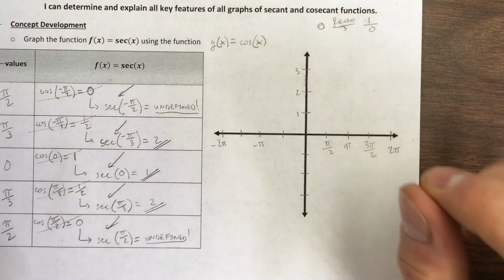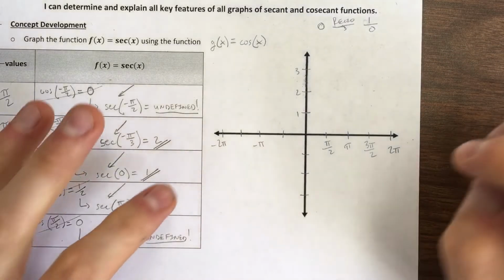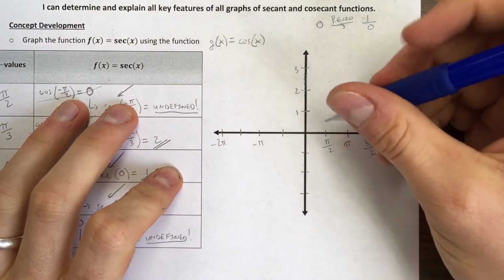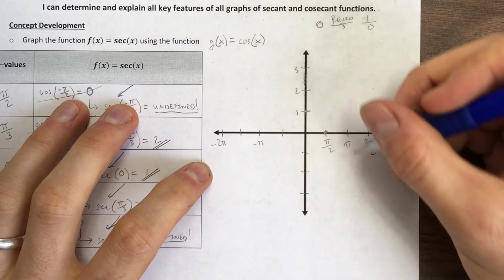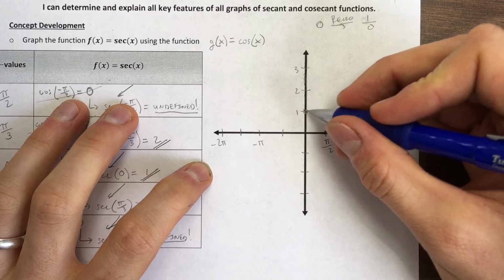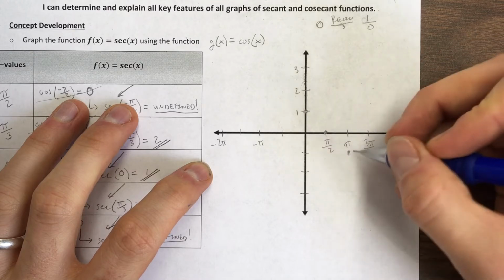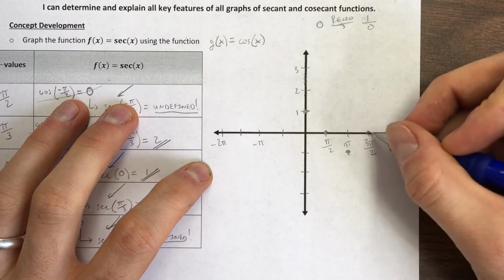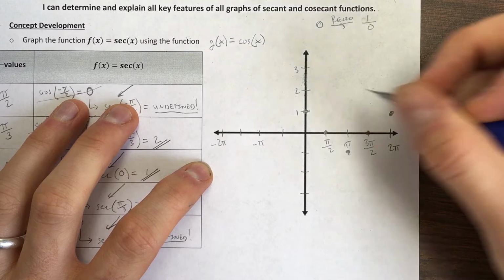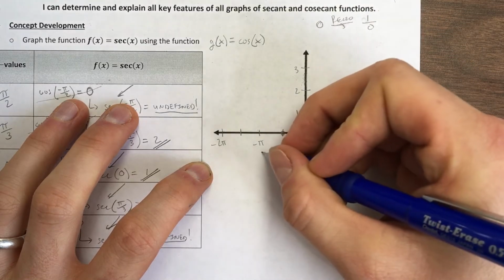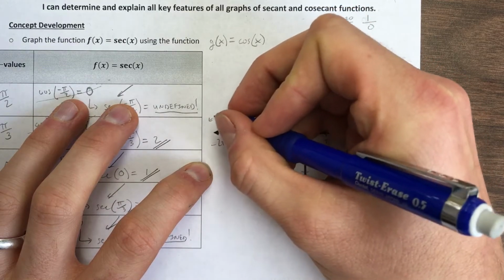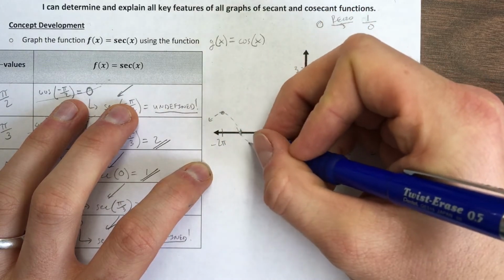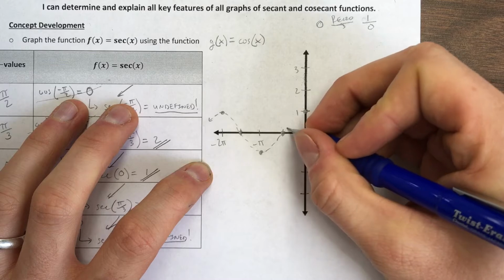Hopefully we can see a relationship here in a second. I'm going to draw the cosine parent function on here as well. So again, cosine parent function starts here at 0, 1, 0, 0, negative 1, 0, 1. So this is our cosine parent function.